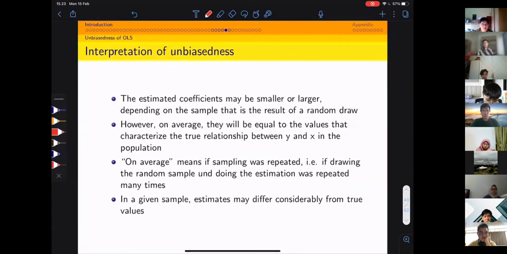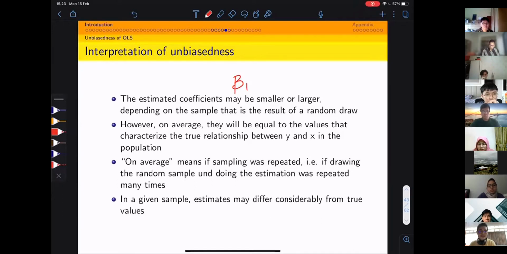Now, let's talk more about the idea and the interpretation of unbiasedness. The estimated coefficients may be smaller or larger depending on the sample that is the result of the random draw. I'm going to give you an example. Suppose that we have a value in the parameter which is beta 1. Again, we don't know the value of beta 1, but suppose that we do.